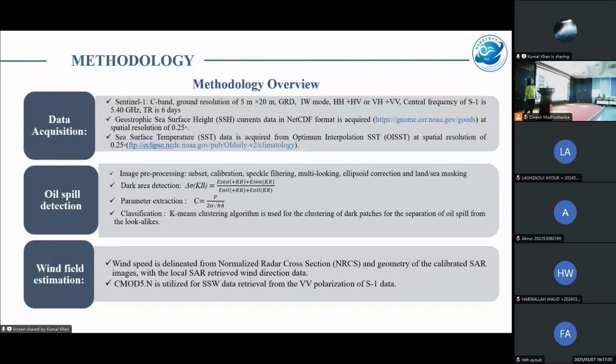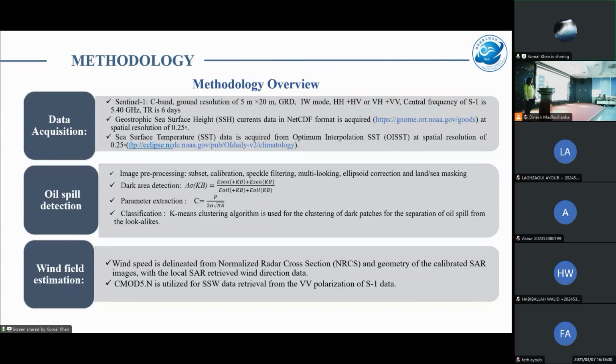So this is the main methodology adopted during this study. The data I have utilized is SAR, as I've mentioned earlier, the GRD, ground range detected product. If some of you are already working on SAR, you must know it has three products: GRD, SLC, single look complex, and OCN.